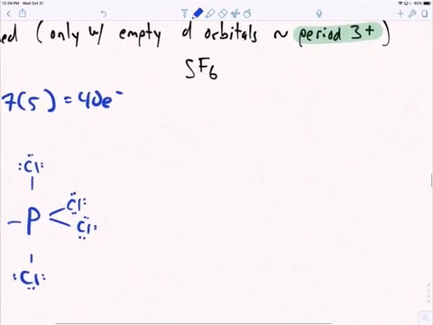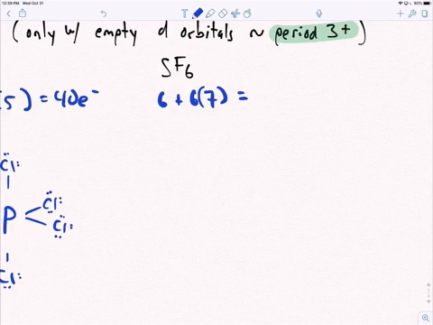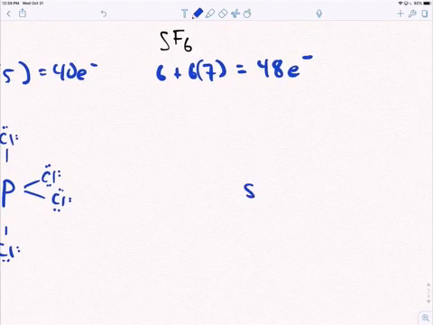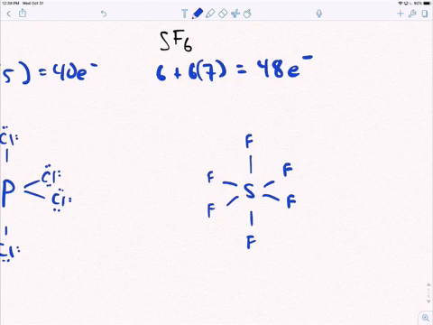And then sulfur hexafluoride. So we have 6 from sulfur plus 6 times 7 for the fluorine. So 6 times 7 is 42 plus 6 is 48 electrons. Then we put sulfur in the center, and we have 6 fluorines around it. So I've put 6 lines.